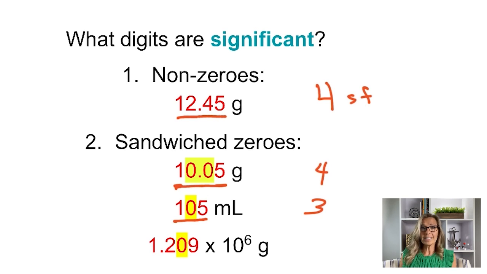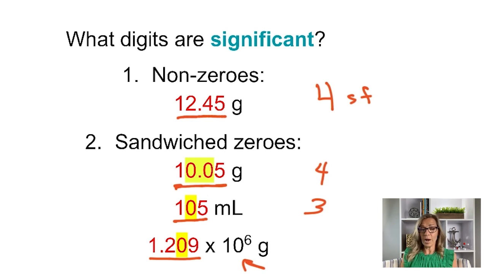And then look at the last number. It's in scientific notation. This is really cool. All the sig figs are up in the front end, or the coefficient of that number. So all you have to do is count the digits in the coefficient, and that's how many sig figs: 1, 2, 0, and 9. And then what is that exponent on the back end? That's just a bunch of zeros after those significant figures.